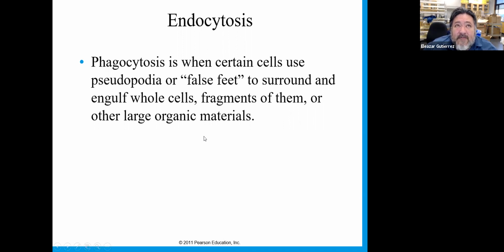Remember, we showed that renal monocyte going after that poor defenseless E. coli last chapter, and it was using amoeboid motion to get there, and the actin filaments were surrounding the E. coli to consume it. That is phagocytosis. Why? Because an E. coli is a big piece of something, so you're obviously not going to drink it, you're going to eat it, right?